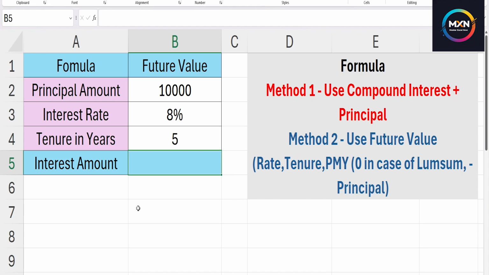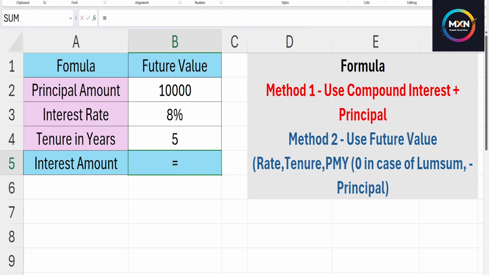First, there are two methods to calculate this. The first one is using the compound interest and the principal. If you just see, I subtracted the principal while calculating compound interest at the end of my term. However, in this case, we will simply use the formula for compound interest. That's your method one. Let's try that first.